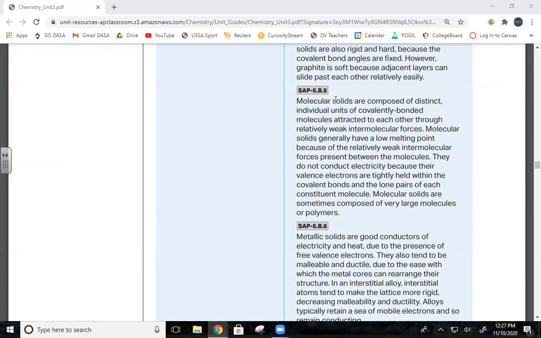But methane has pretty strong interactions between the molecules. It's not really strong, but it's strong enough to where sulfur compounds will freeze at a lower temperature than methane will. Wow.